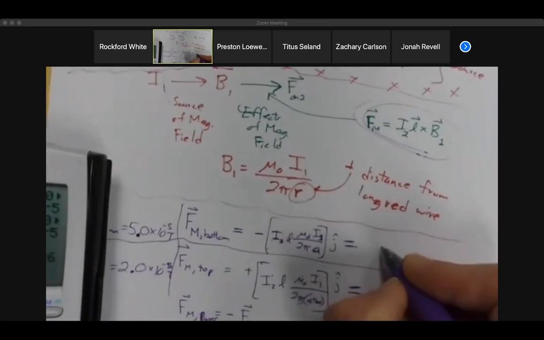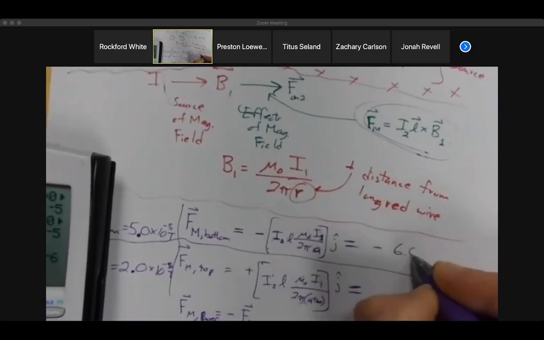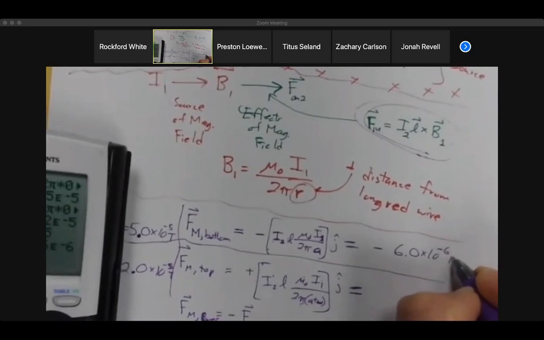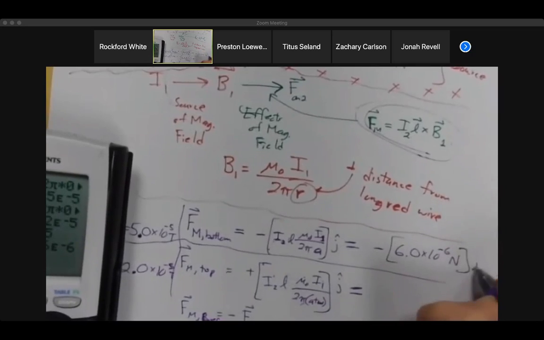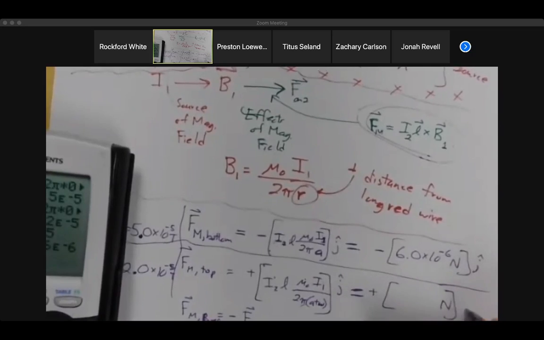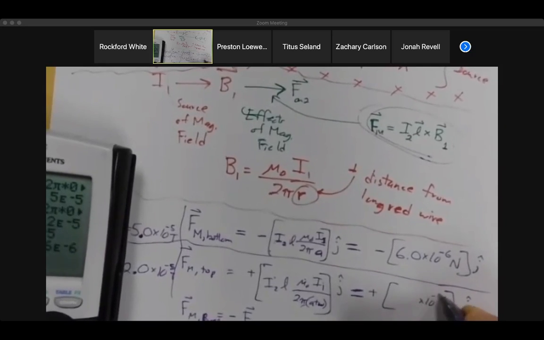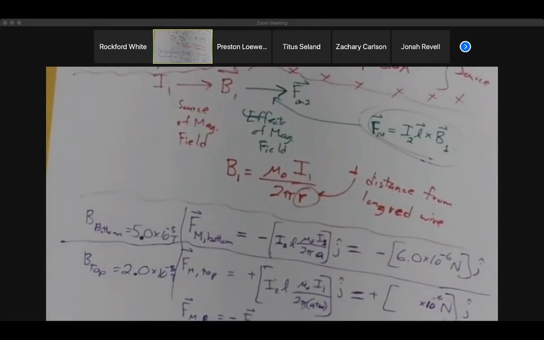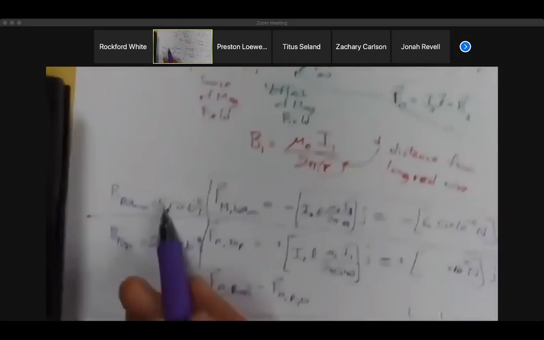And this time I got negative 6.0 times 10 to the minus 6 newtons j hat. And this is going to be something newtons j hat. It's also going to be times 10 to the minus 6 newtons. But it won't be quite as strong because the magnetic field went down by a factor of 5 to 2.